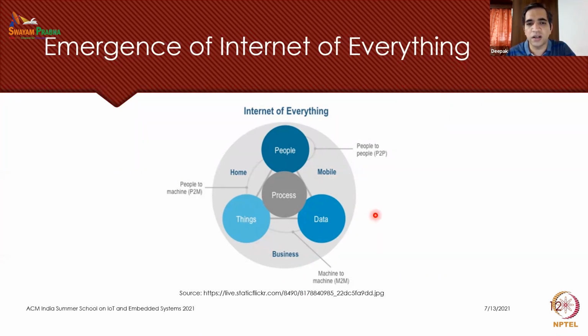So the emergence of this phenomenon of internet of things has made it quite challenging for the way systems were designed for cloud computing, the way resources have to be managed on the cloud, and the way things have to be processed.